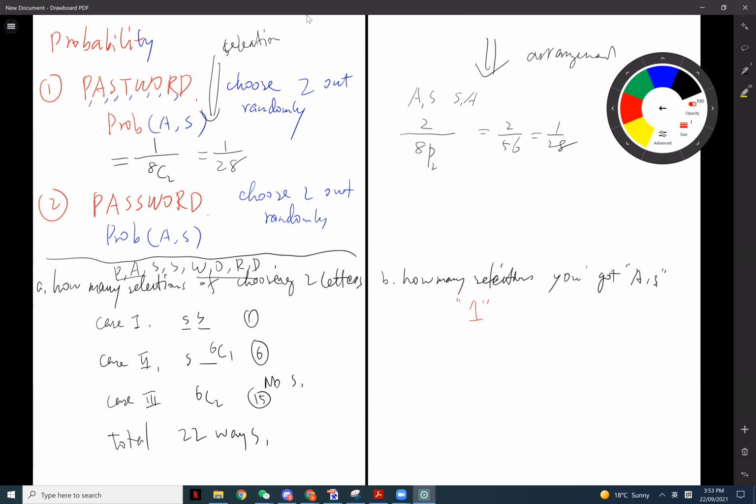Just one way. Now, guys, very important idea. This is 22 ways. This is one way. Can we say 1/22? Guys, can we say 1/22?